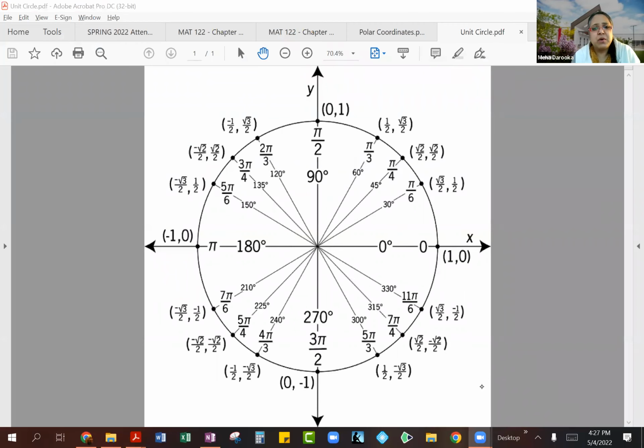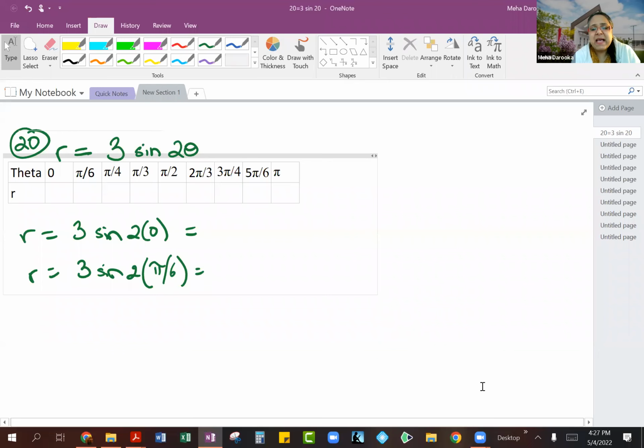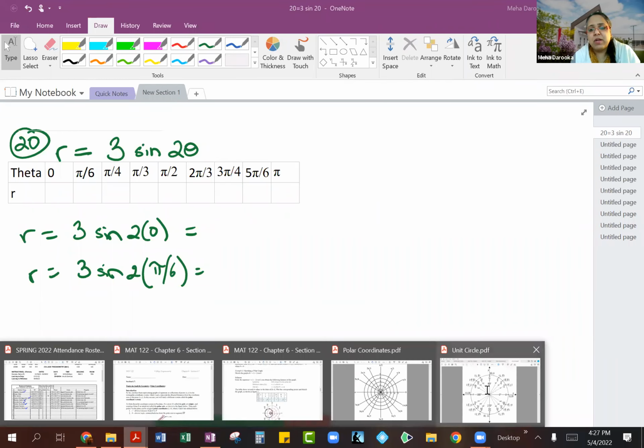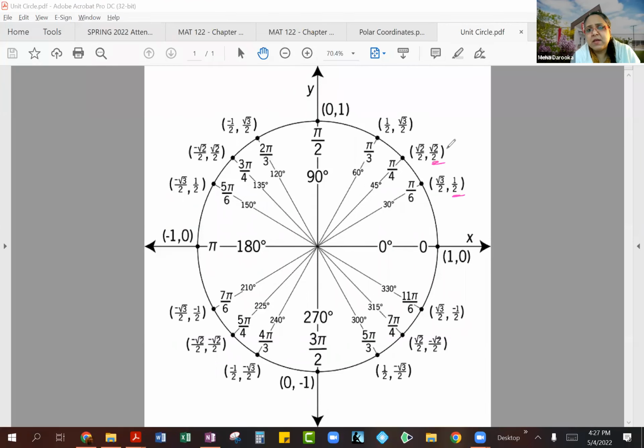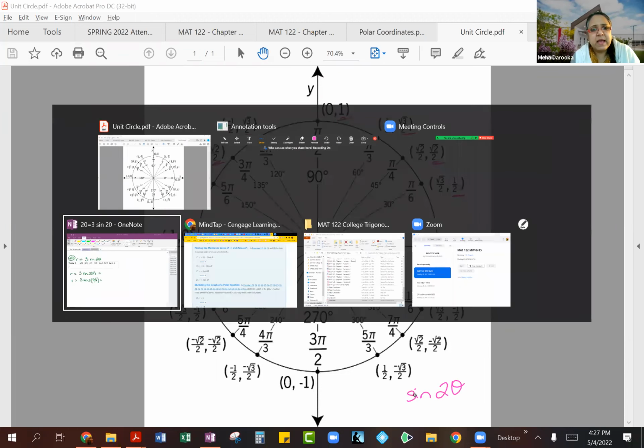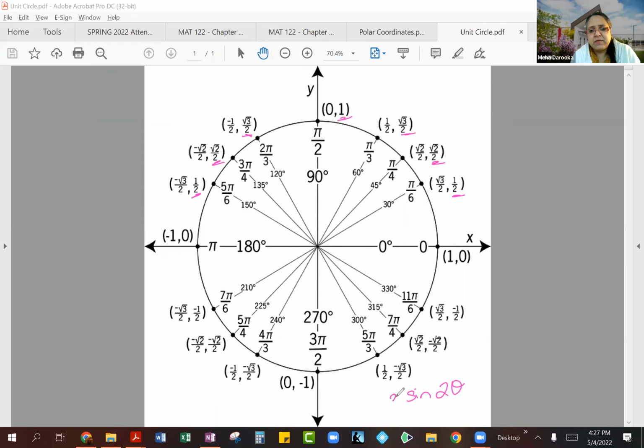And since we're only working with the sine function, you are looking at the second coordinate of your unit circle. So all of these would be our sine value over here. So when you are doing sine of 2 theta, and then we are multiplying that with 3 in the front.